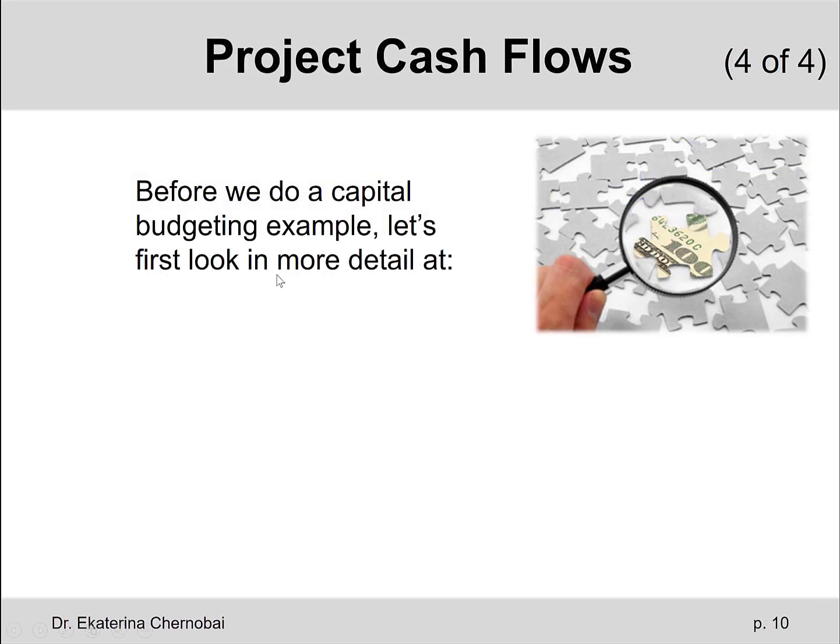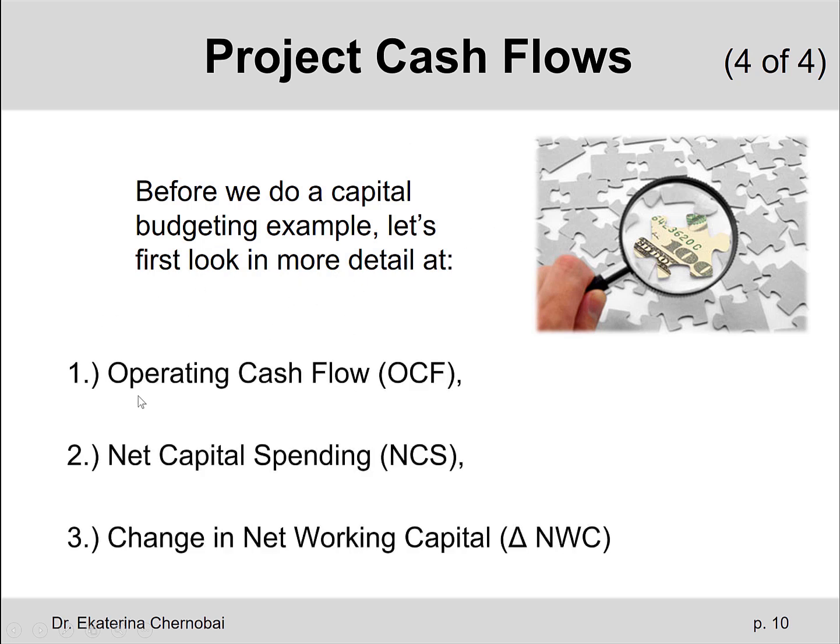Okay, before we do a couple of big net present value problems in which all of this new information will be put together, let's first look in more detail at the operating cash flow type of cash flows. What is the formula to find the operating cash flow?